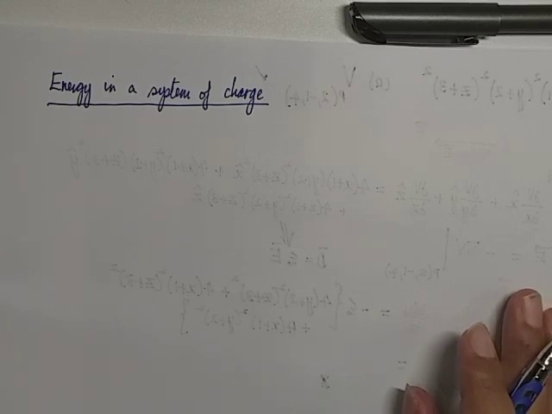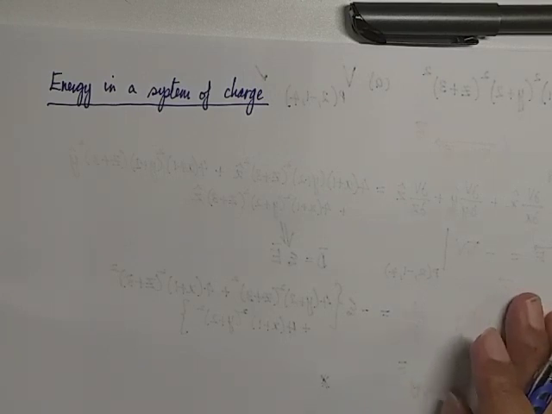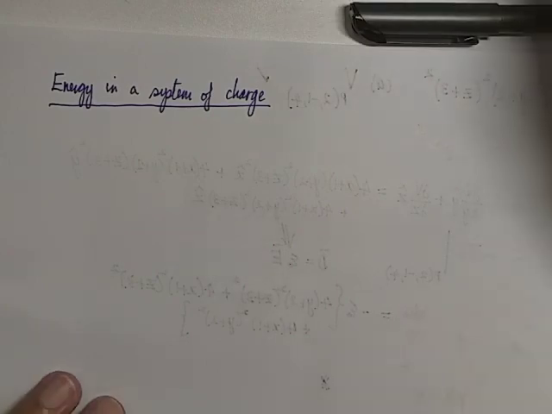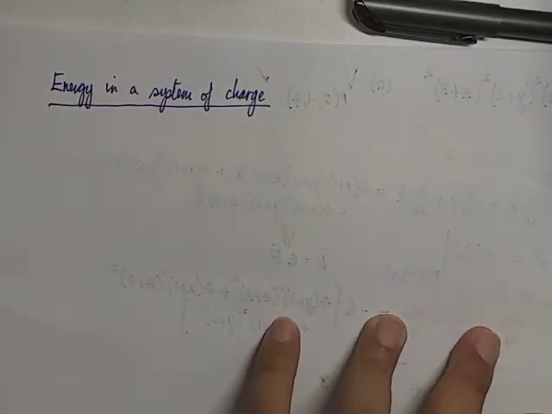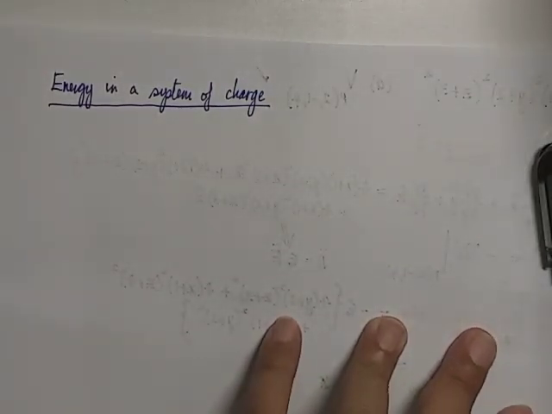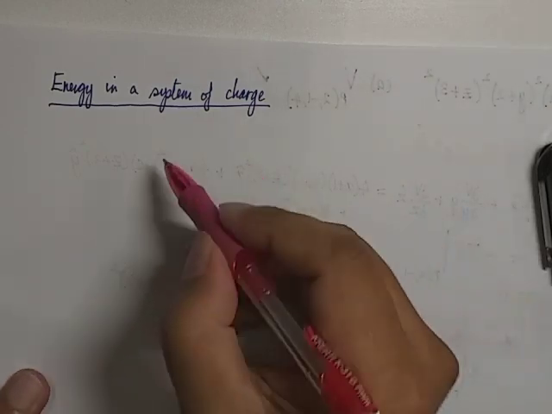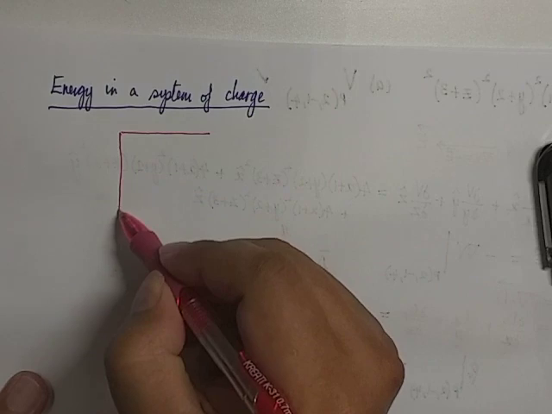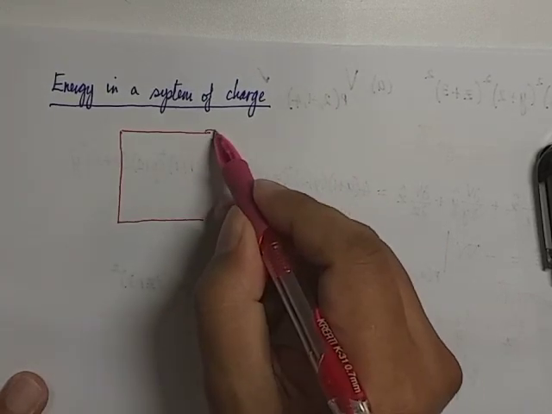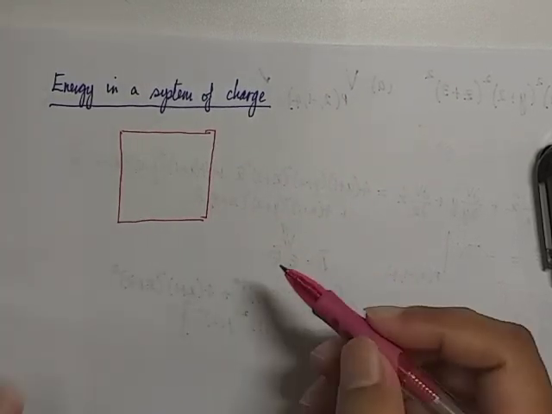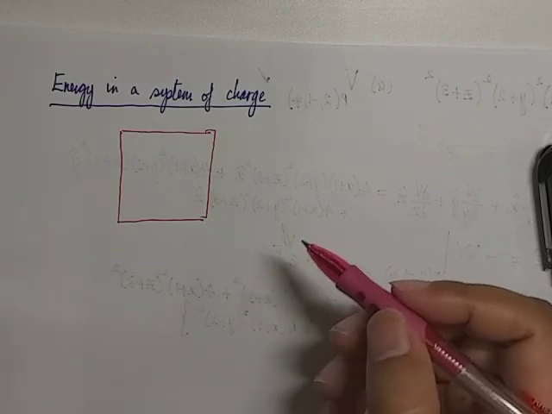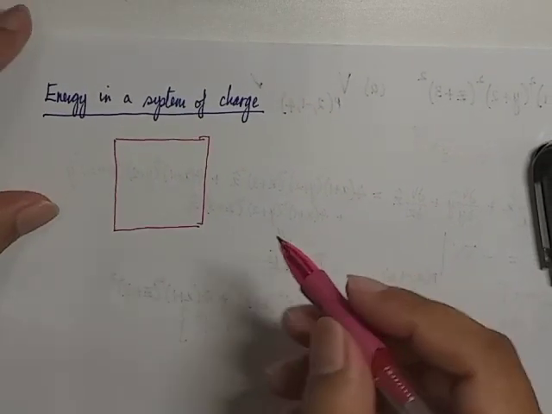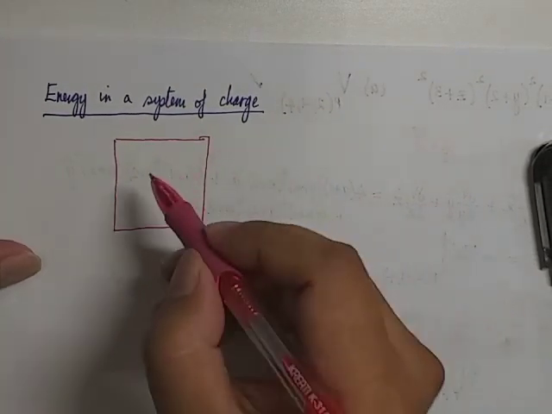So what we're going to do now, let's say you have a charge distribution as shown, meaning that you have a charge distribution given in this red box. And we have 3 different charges. So I'm going to focus on 3 different point charges.